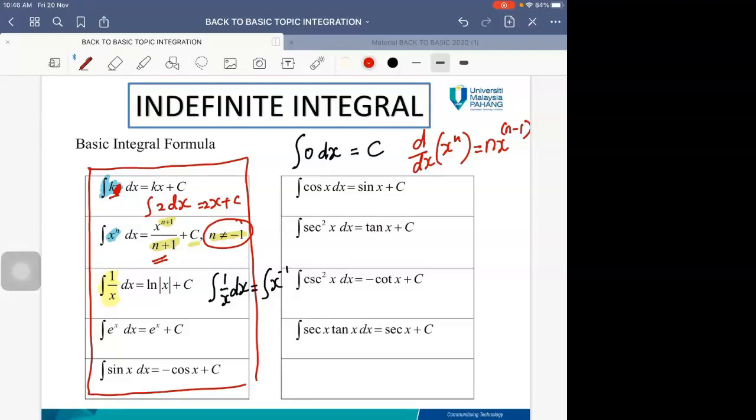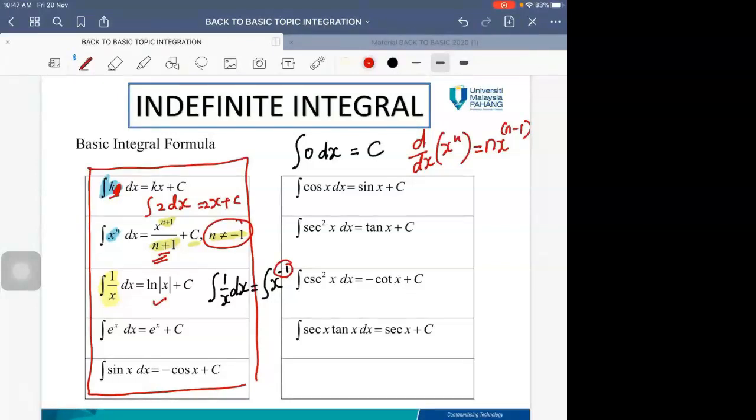Then how can you divide by 0? So in this formula, n cannot be equal to -1. If n equals -1, the integral gives ln of absolute x. We put the absolute value because ln cannot take a negative value; it must be positive. That's why we put the absolute sign when we write ln.